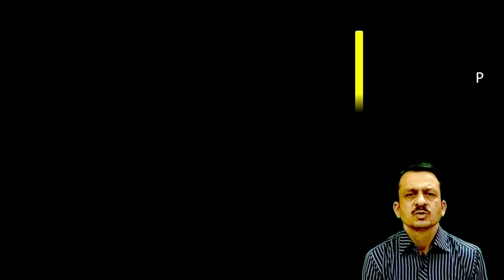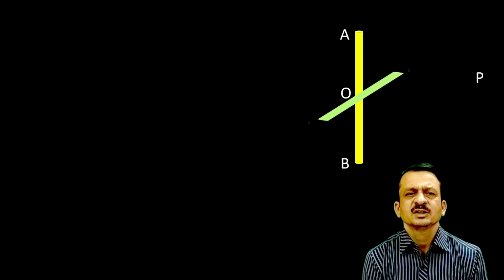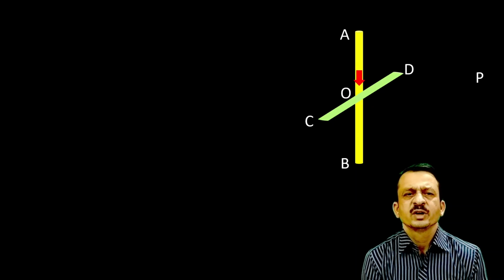Now we have two conductors, one conductor AOB which carries a current in one direction and another conductor COD which is carrying the current in the opposite direction. Now the AOB current, if I assume, is flowing from top to bottom, and COD is carrying the current in another direction.